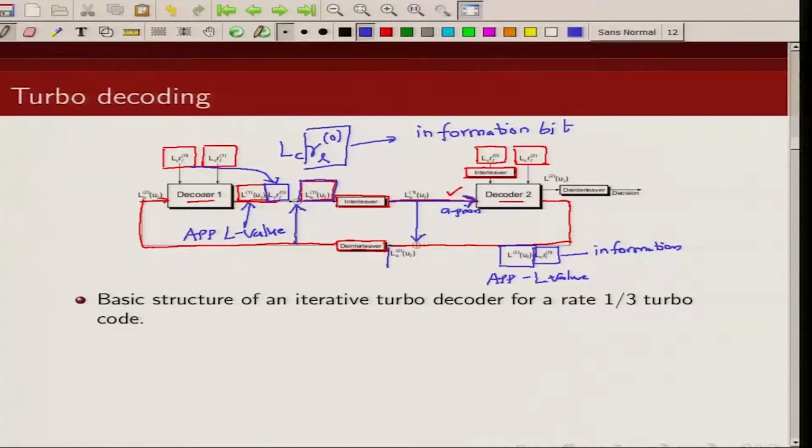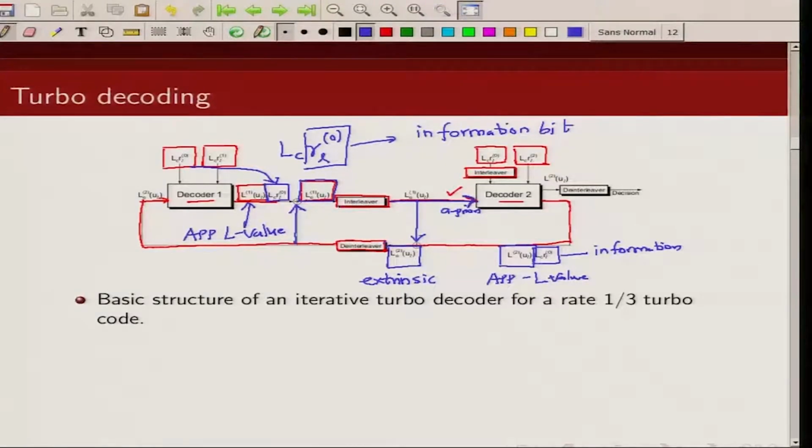So, what is left is my extrinsic information. So, for the second decoder, in a similar fashion, I subtract from the APP value the contribution of the information bit and the contribution of the a priori knowledge. What is left is my extrinsic information.